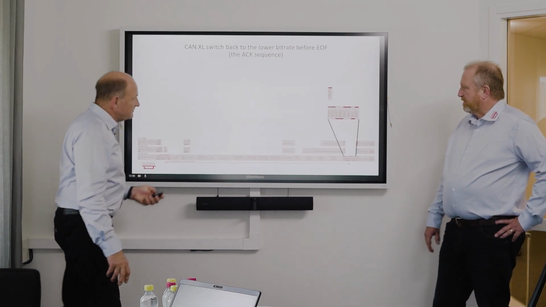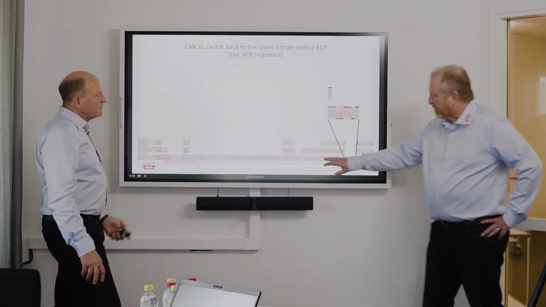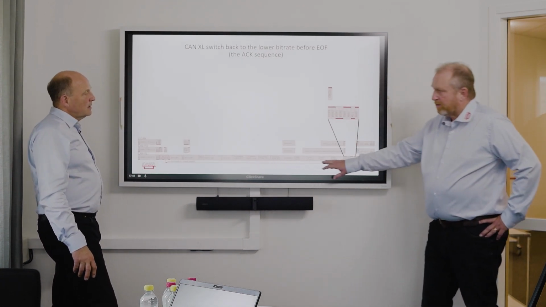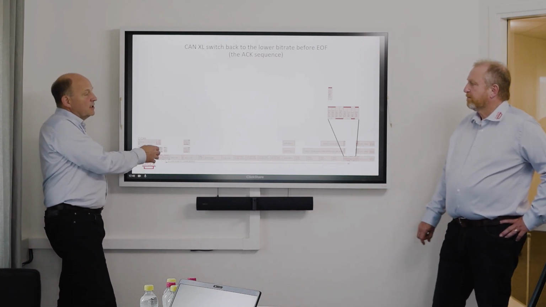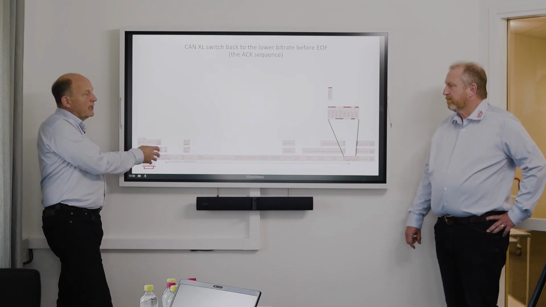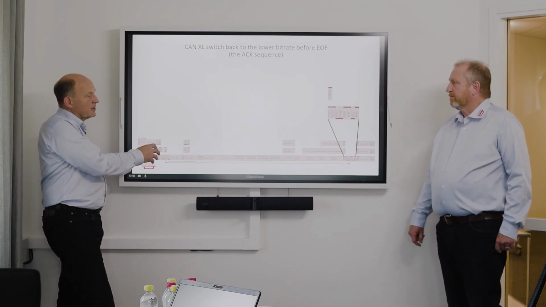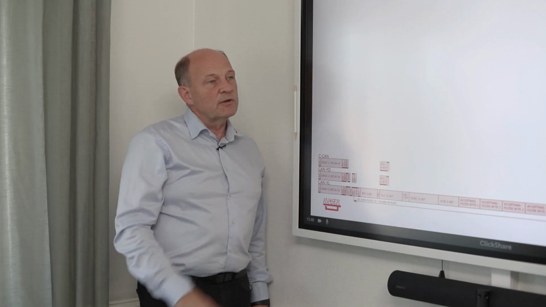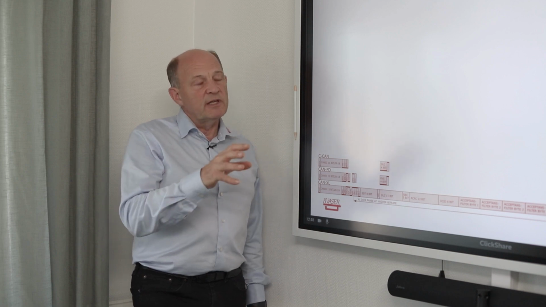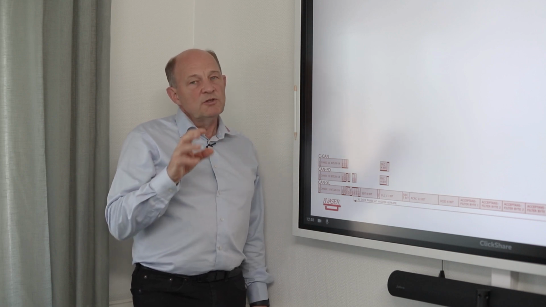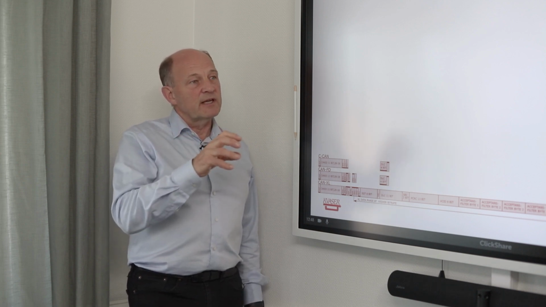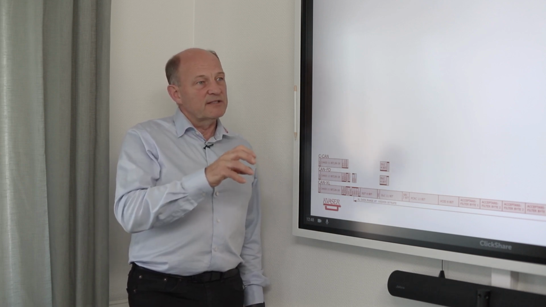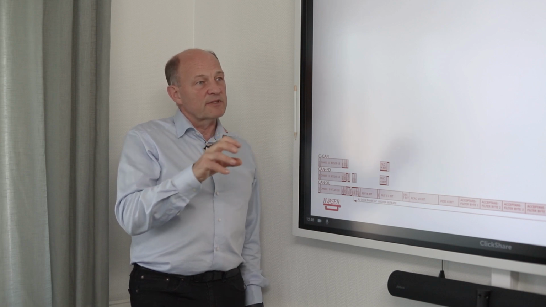But if I discover that something is wrong during this phase here, then I don't interrupt anymore. No. When you go here into the push-pull mode with the new CAN-XL SIC drivers, they would not. You need the dominant and recessive levels in the communication to have the means to send an error frame, because our error frame has to win over any bits, and that you can only do if you have dominant and recessive bits.